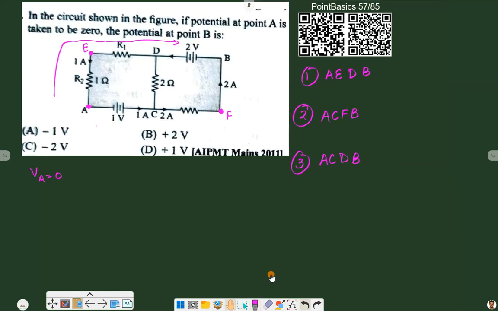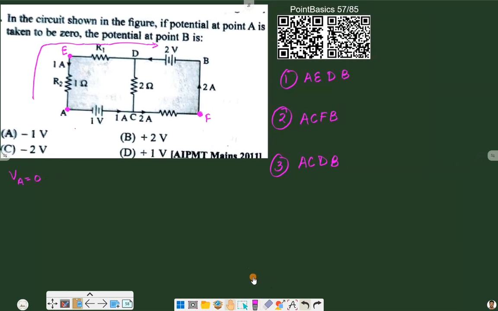Now we will examine all these three paths, and we'll use the path which is best for us, and for which we have all the variables to solve this problem. And what will be the variables we will be needing?